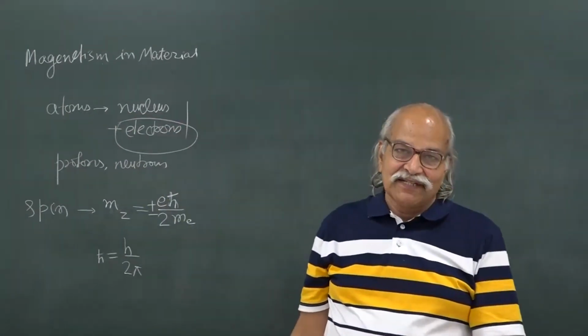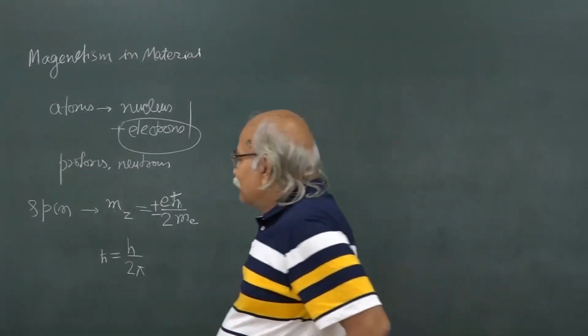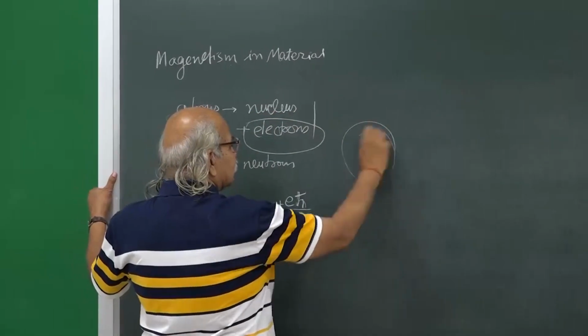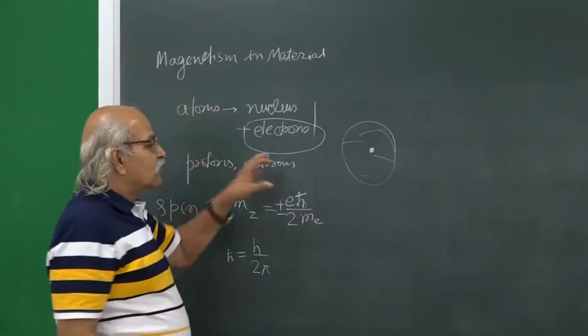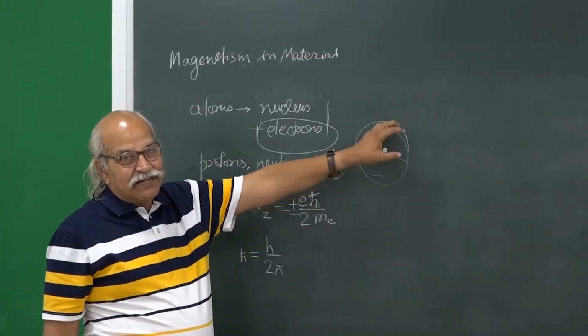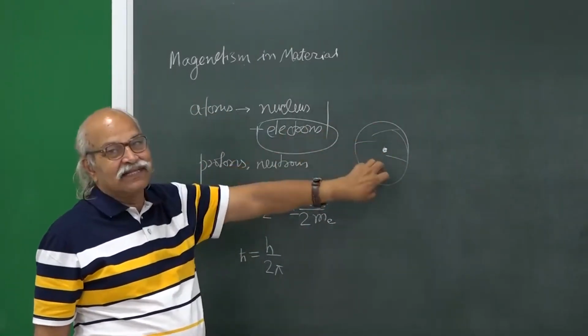And on top of that, in the atom, the electron also has some motion in the neighborhood of the nucleus, and because of that motion also there is a current.